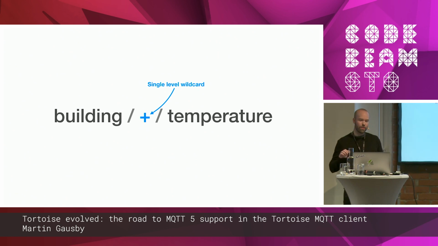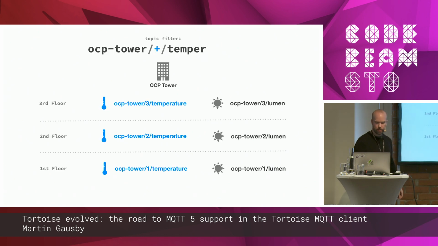We can, in topic filters, we can use single level wildcards. So if we did this in our building example here, we can choose to match on all the floors, and in this case we would hit all the temperature sensors in the building.